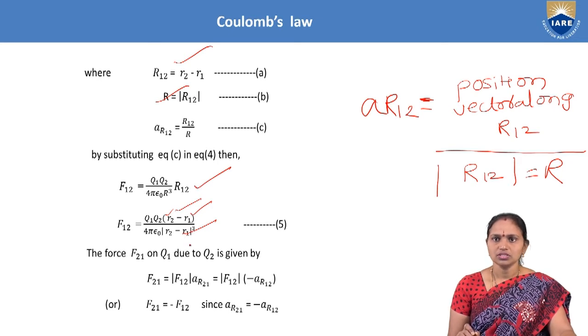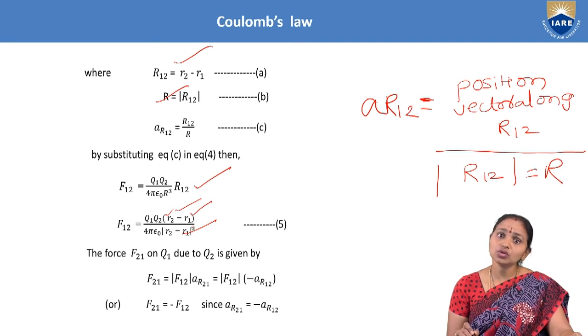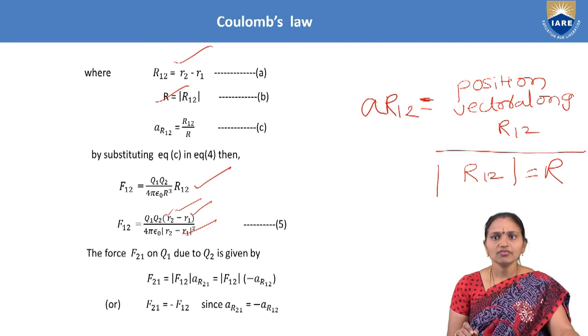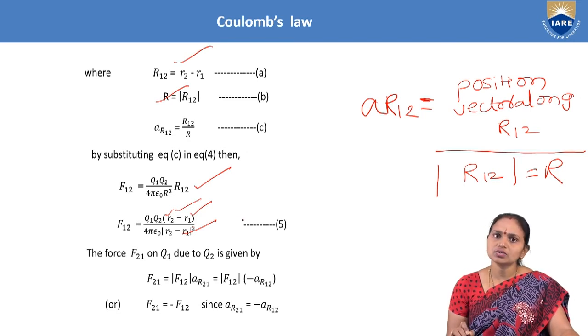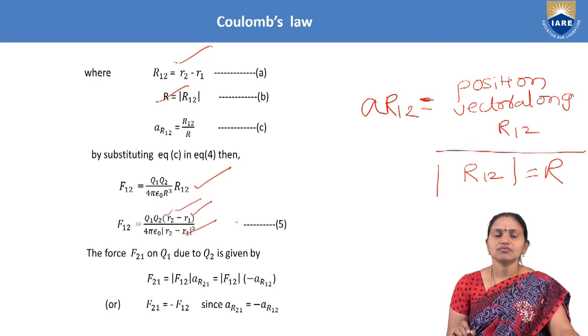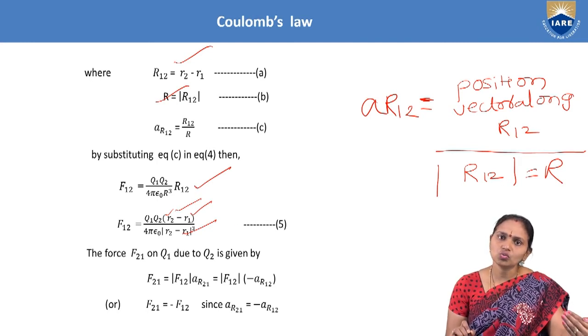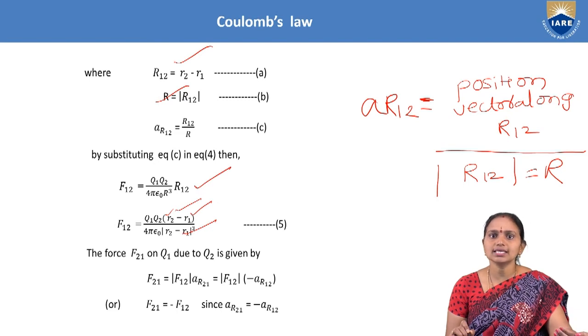So now this is about the force on Q2 due to Q1. And if you move from Q2 towards Q1, there we take Q2 as the source and Q1 as the destination. Then we represent the force on Q1 due to Q2 as F21.